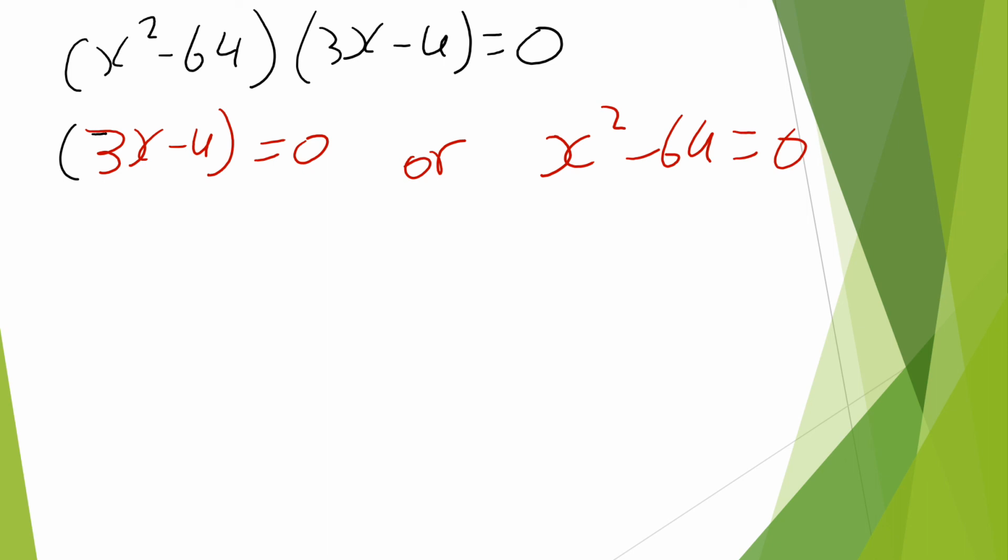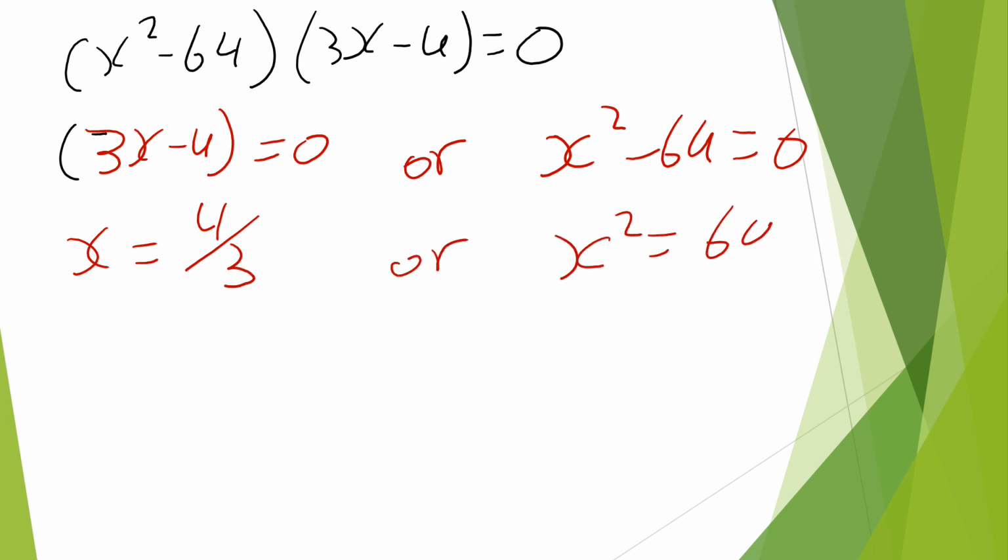Then you solve each one separately, as we said before. So x equals 4 over 3, or x squared equals 64, so x equals plus or minus 8. So you've got 3 different solutions here: 4 over 3, positive 8, and negative 8.